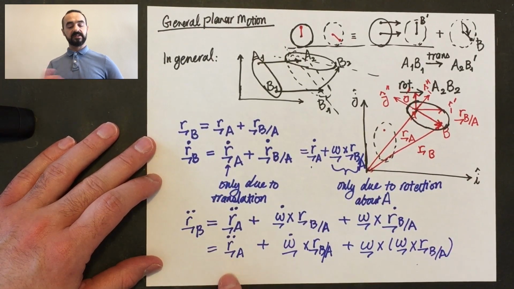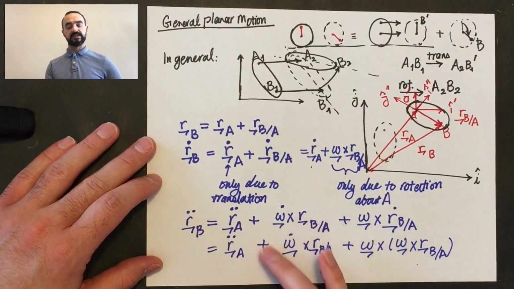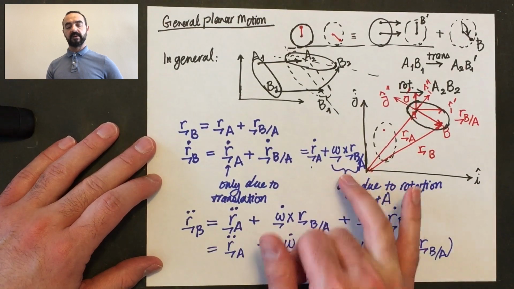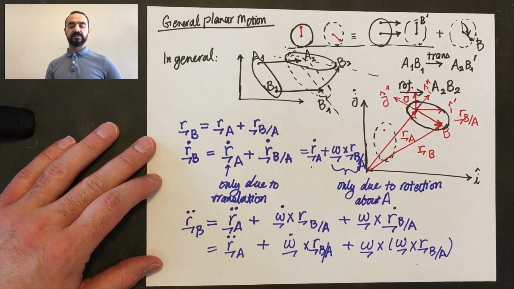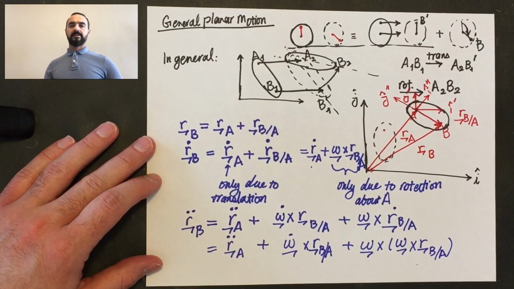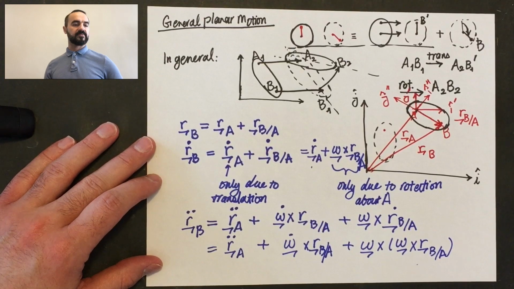Because if I had identified A, I could have computed the translational component of velocity and acceleration, and then add these two components for acceleration and this one component to its velocity. Because once I identify A, I know that I have decomposed the motion into a translational motion and a rotational motion. All right. Thanks for paying attention.